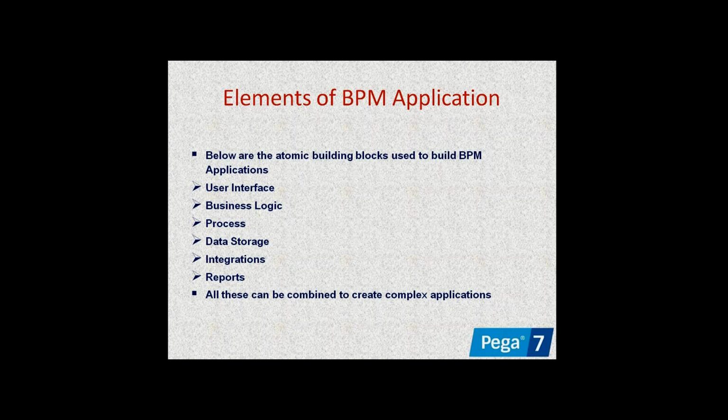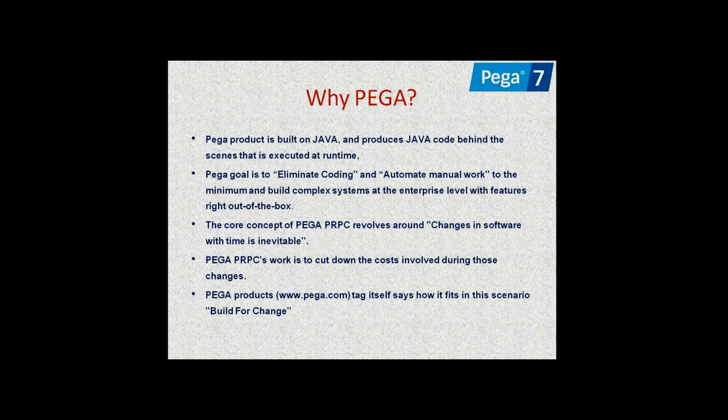Suppose if you want to create a database, there will be a wizard. For creating the user interface, there will be a wizard. For creating the integrations, you will have a wizard. Okay, for each and everything you will have a separate wizard. You just have to pass the data and click on next, or select the options in the drop down. So combining all these things, we can build any type of complex applications.